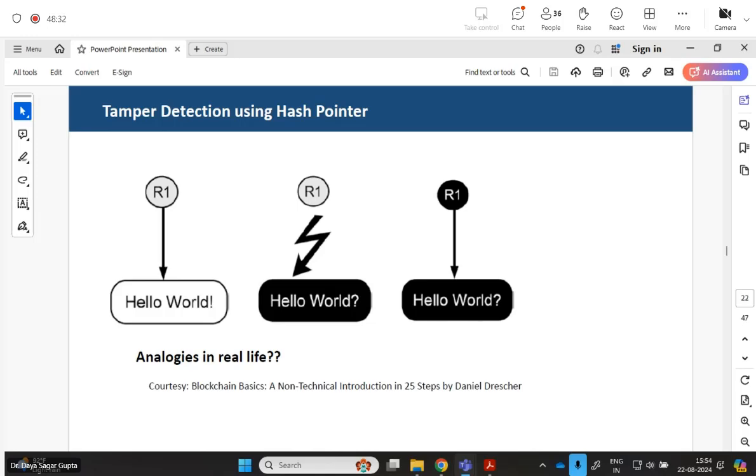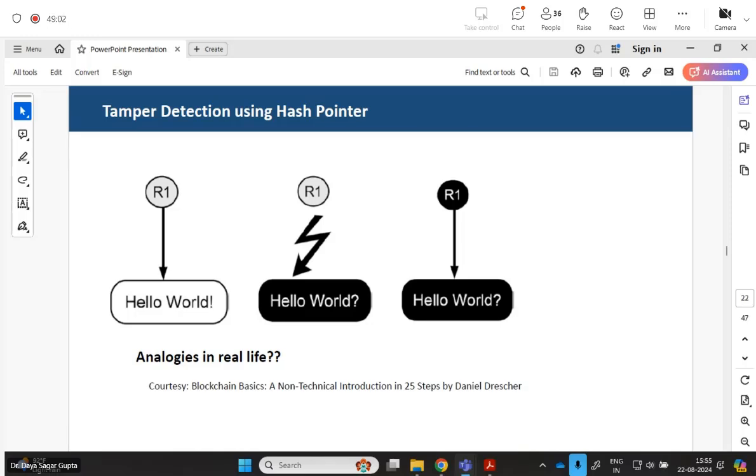You just change the message, and after changing the message, you compute the hash of this hello world exclamation mark, and you get something. So this is going to be stored here. This is the gray color R1 and this is the black color R1. Both are different.